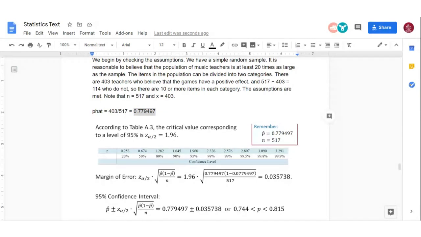Hold on a second. Hold on. I was going to try to make that into a real p-hat if I can do it real quick.